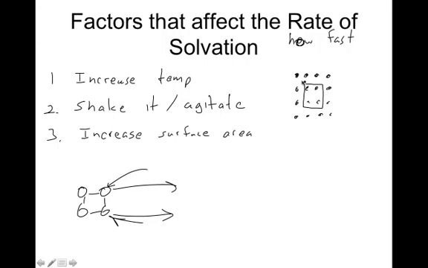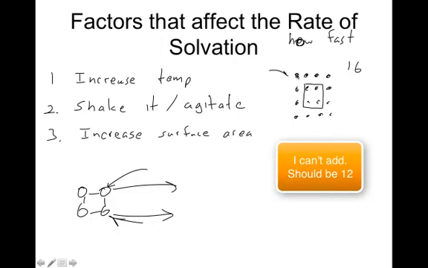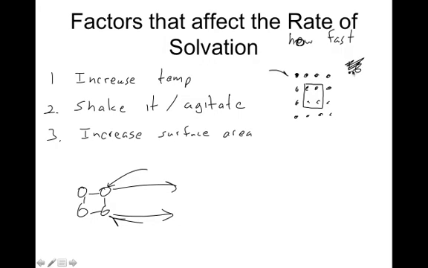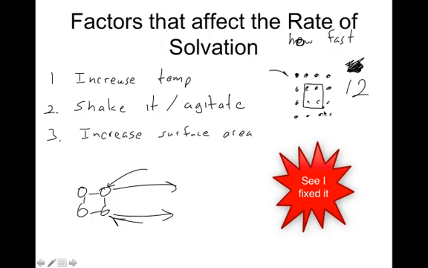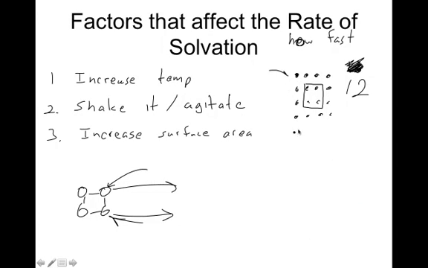The only particles that water could attach to and pull out are the ones on the outside. So the water could attach to these four, and then those 4, 12, 13, 14, 15, 16. There are 12 atoms or ions exposed to the water to be able to be attached.